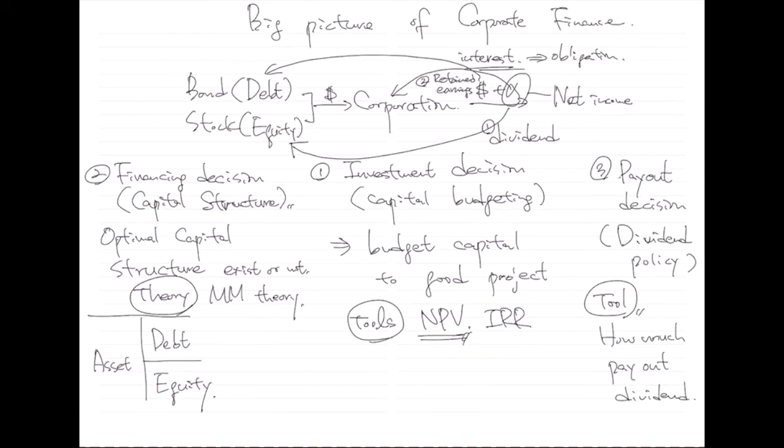So it generates equity within the firm. In the previous lecture, we ran optimal capital structure, but in the payout decision, is there an optimal amount of dividend to pay out? Some companies have no dividend, or some companies have large dividends, but we don't know which one is the optimal point.